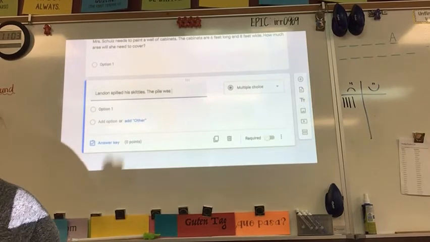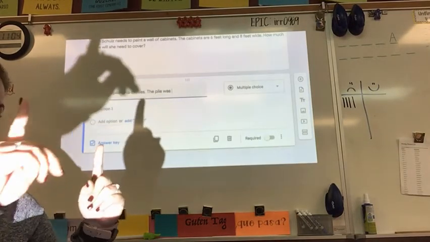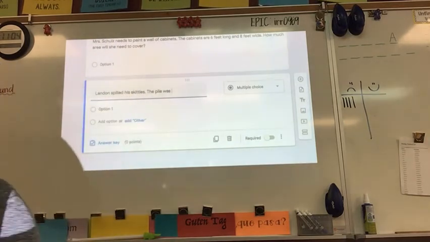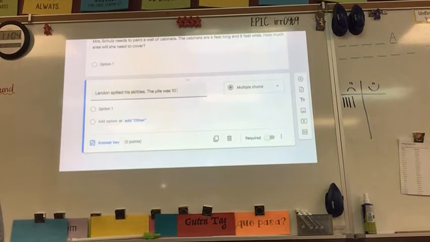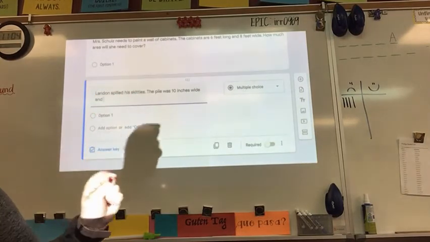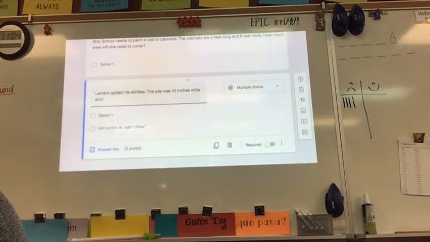Maybe it's like 10 inches wide. The pile was 10 inches wide, and how long do you want it to be? 5 inches long.